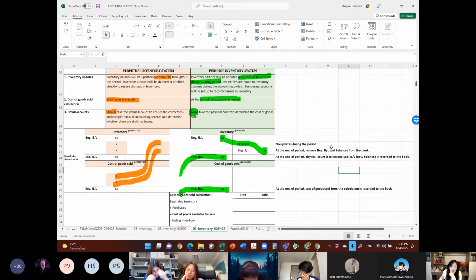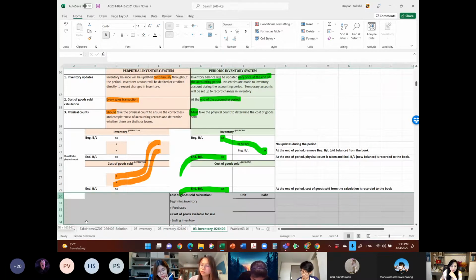So how do you calculate the cost of goods sold?